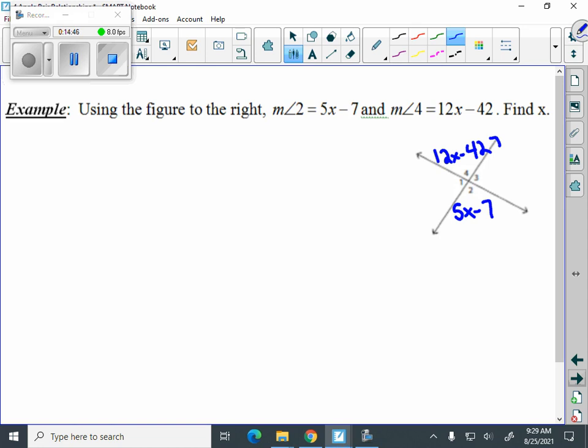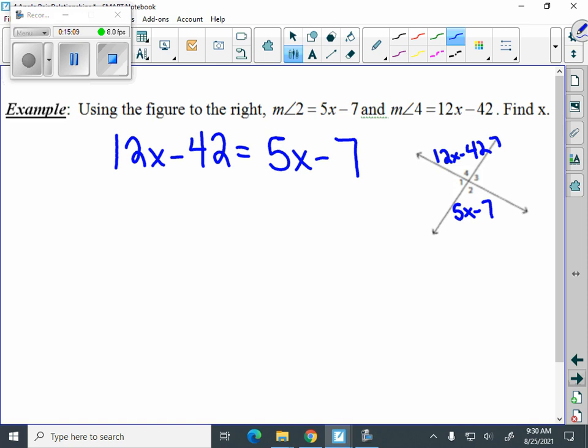And once we know that they are vertical angles, what we're going to do is we're going to take 12x minus 42, and we're going to set it equal to 5x minus 7. And now that we know this, I'm going to move my letter to the left.